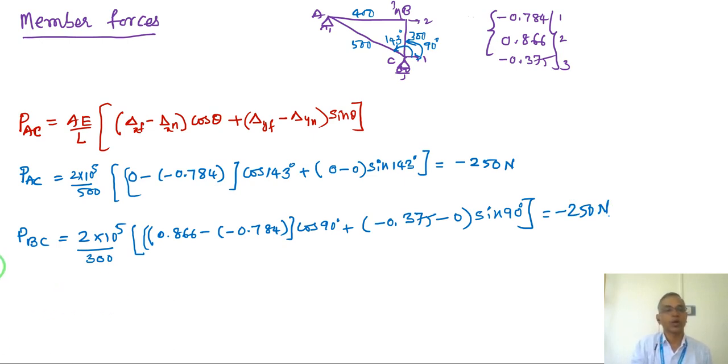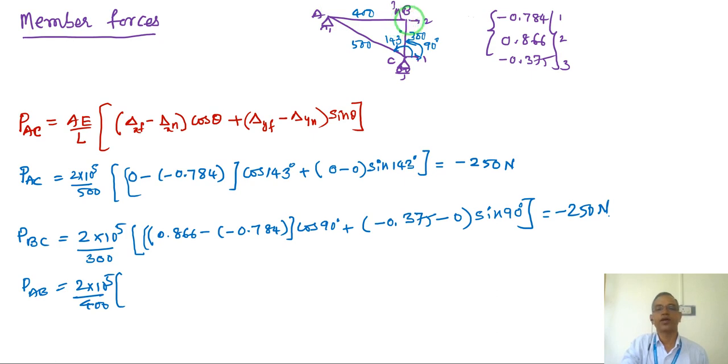Okay, now the last member, which is PAB, which is AB, 400 length, so 2 into 10 power of 5 by 400 is the length. For PAB, B I will consider as the near end, A is far end. It's your choice, not a problem.